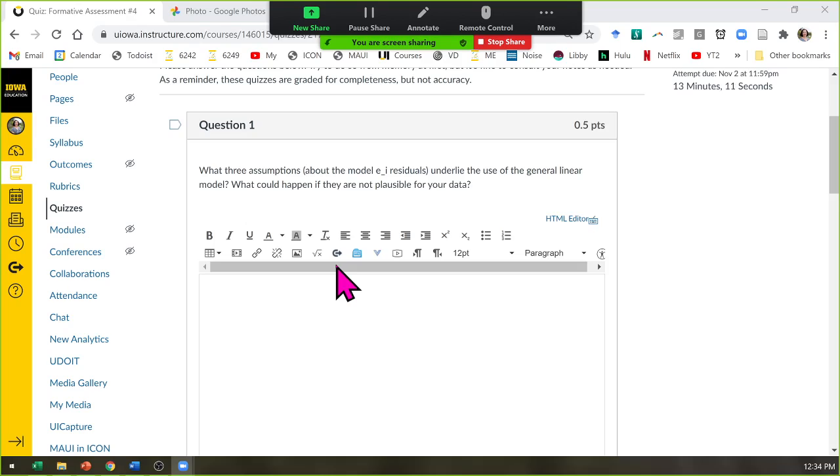So the question is, what else needs to be plausible about the E's in order for our results to be believable? There's three main assumptions that I want you to be familiar with that go into general linear models about the residuals. Number one is that they're supposed to be normally distributed.